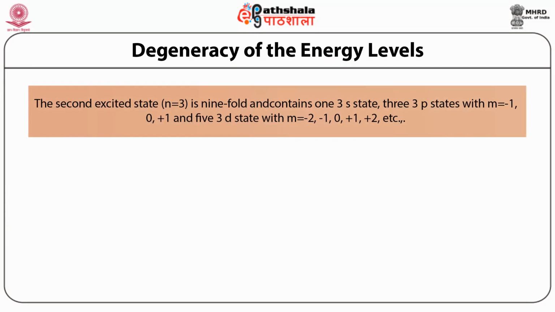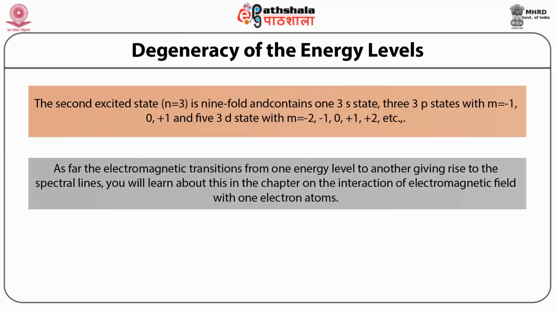The second excited state n equal to 3 is 9-fold and contains 1 3s state, 3 3p states with m equal to minus 1, 0, plus 1 and 5 3d states with m equal to minus 2, minus 1, 0, plus 1, plus 2, etc. As far as the electromagnetic transitions from one energy level to another giving rise to the spectral lines, we will learn about this in the chapter on the interaction of electromagnetic field with one-electron atoms.